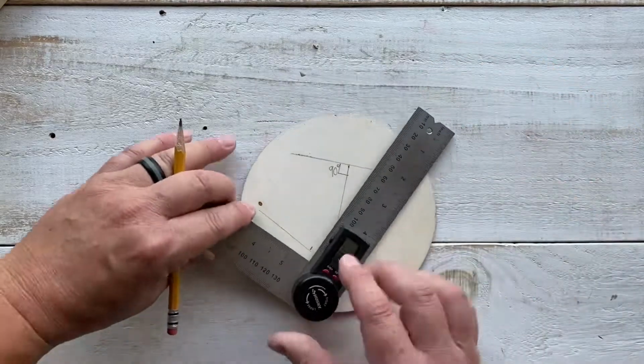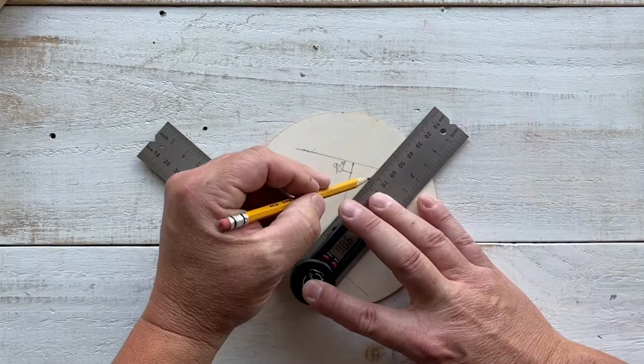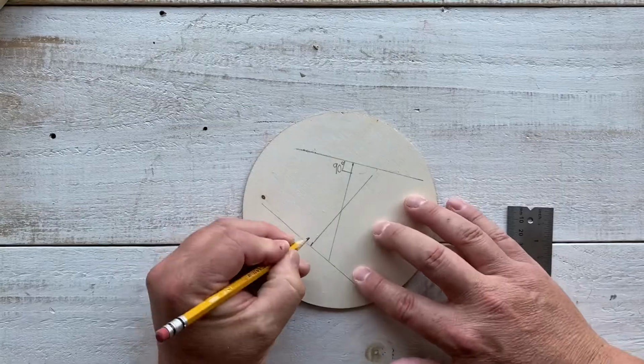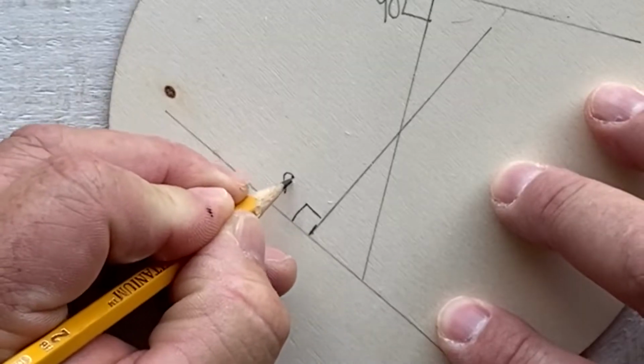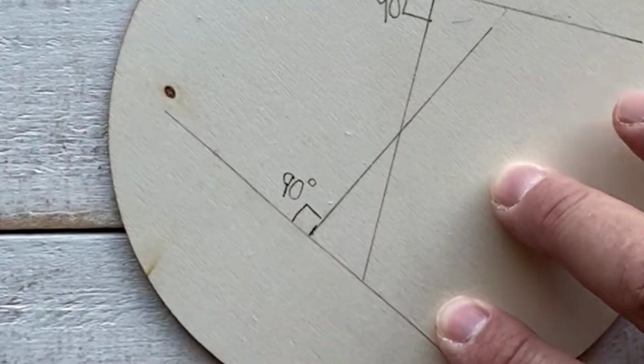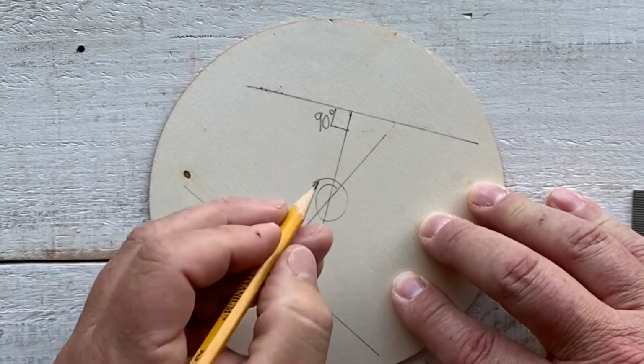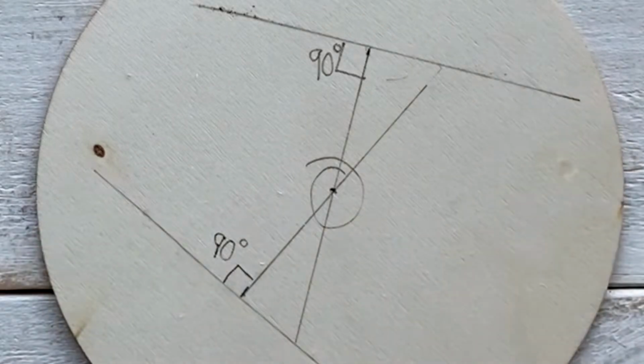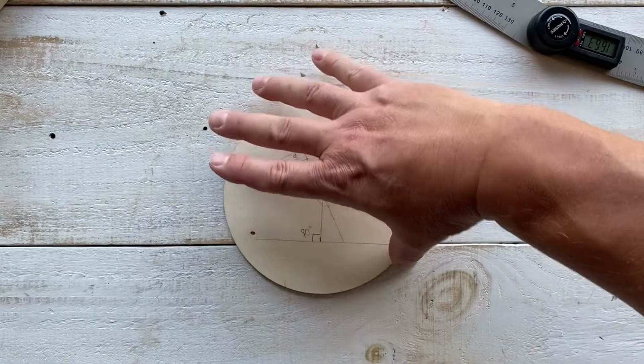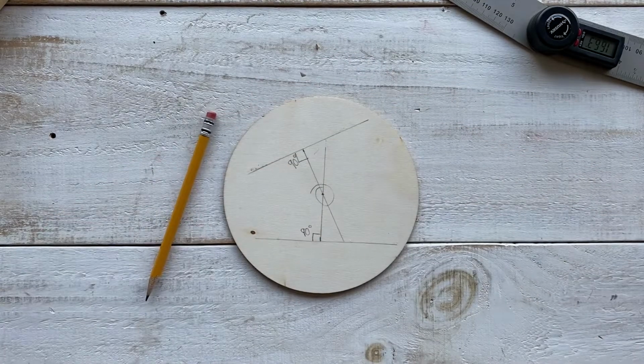Now we'll do the same thing here. Draw a line. That right there is 90 degrees. And this point right here is the center of our circle. Amazing little piece of geometry. Who would have known?